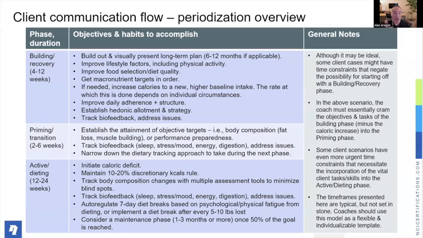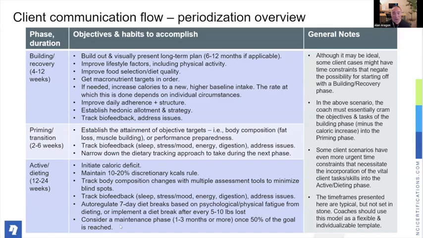You go over to the module on progress plateaus to look at the details of things like diet breaks and maintenance phases. But just briefly, in the active dieting phase, you may want to consider implementing a 7-day diet break for every 5 to 10 pounds that the client loses. Because it's usually at those 5 to 10 pound intervals that they're ready to ease off the gas pedal of dieting for a temporary period before getting back into the grind.